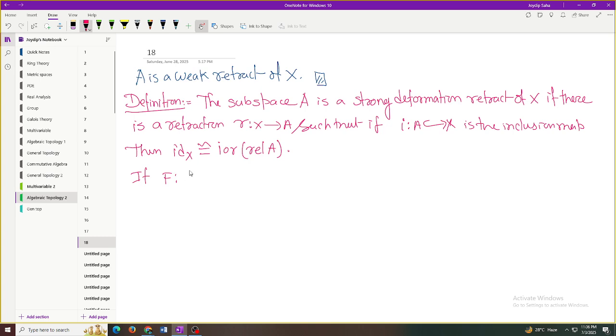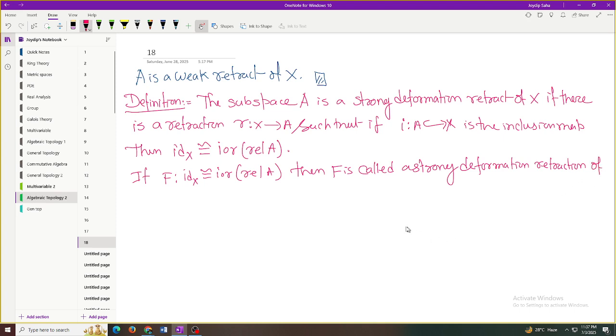The domain is X, F goes from the identity on X to I ∘ R relative to A. If F is the homotopy, then F is called a strong deformation retraction of X to A.